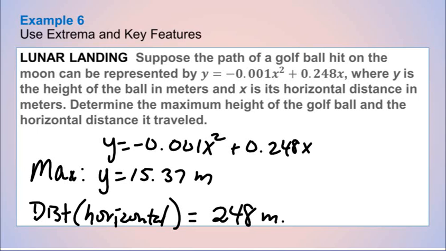Now this one you could have completed the square, but I think for this one the easier way to do it would be using your graphing calculator to come up with your maximum and the distance of travel.